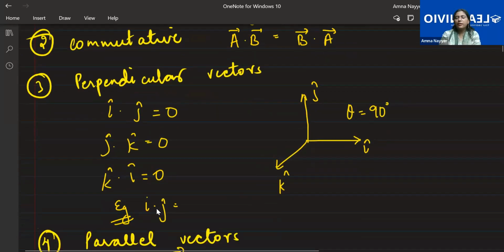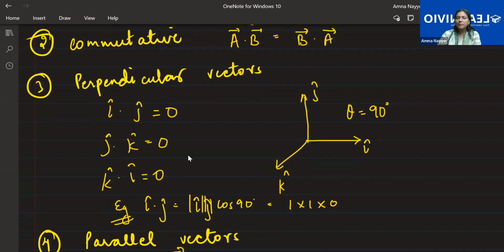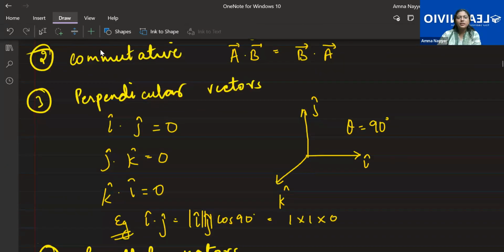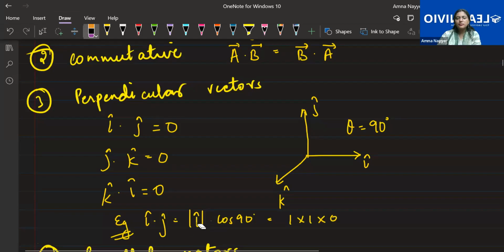For example, when you have i dot j, this will be the magnitude of i cap and j cap into cos 90 degrees, that is 1 into 1 into 0. The magnitudes of i cap and j cap are 1 because they are unit vectors.